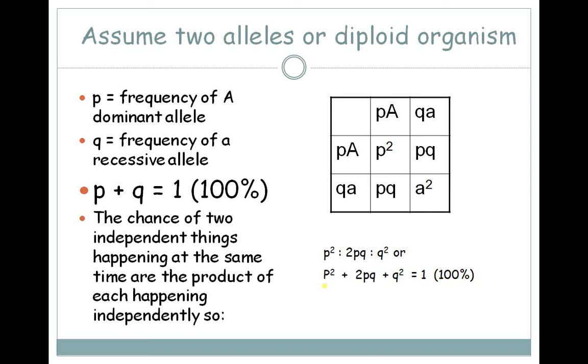Those should also equal 100%. So now you have two equations here. You have p plus q equals 1, but you also have p squared plus 2pq plus q squared also equals 1.